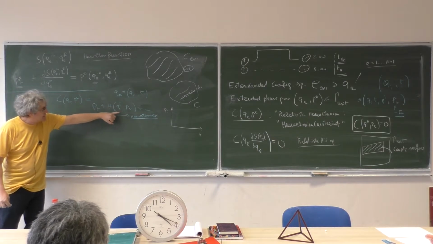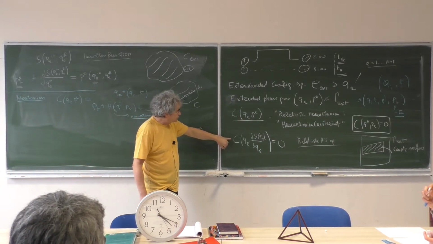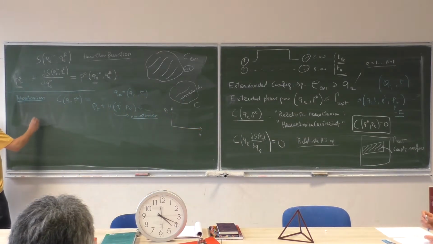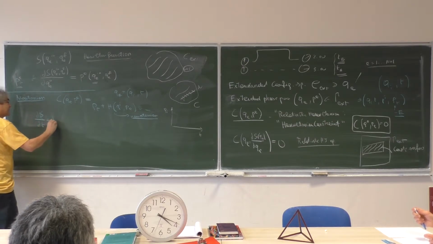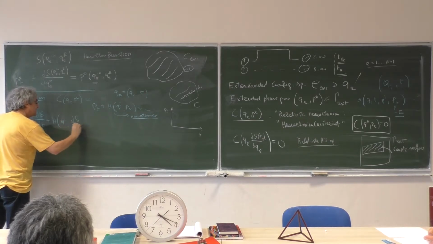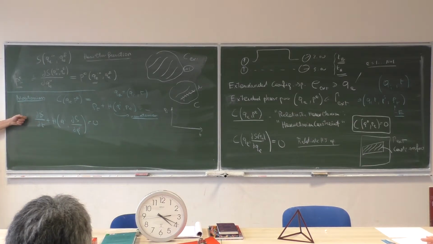And the Hamilton-Jacobi equation, which I wrote, if C has this form, reduces to the standard form of the Hamilton-Jacobi equation, dS/dt + H(q^i, dS/dq^i) = 0. So this is the standard non-relativistic form of the Hamilton-Jacobi equation, right?